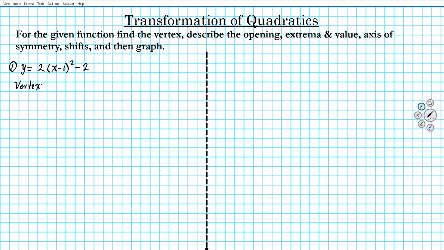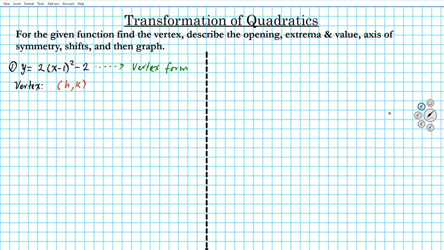A point to note is that this quadratic form is the vertex form, because it easily tells us what the vertex is. The vertex is going to be (h, k). That's how we determine what the vertex is. So what is (h, k) in this situation?